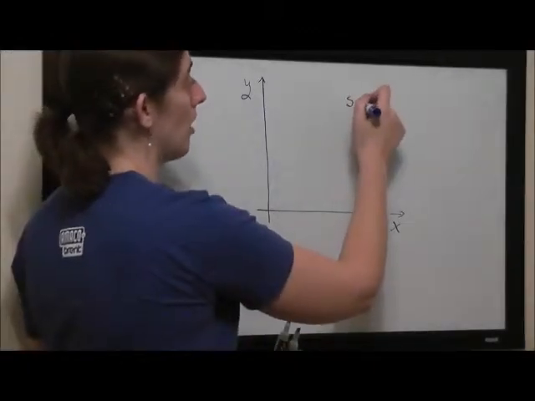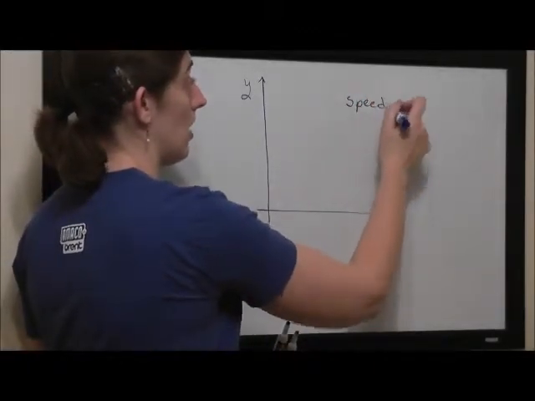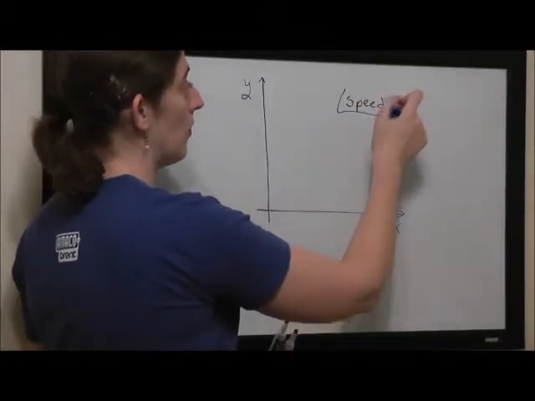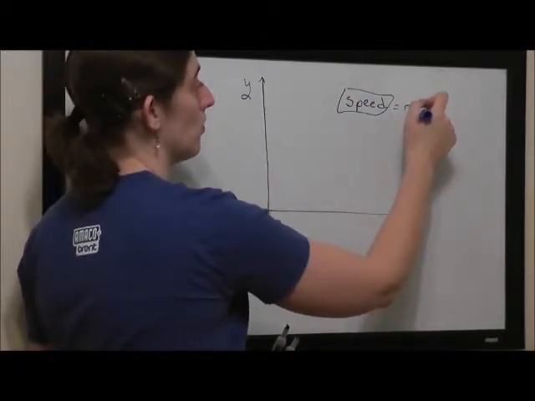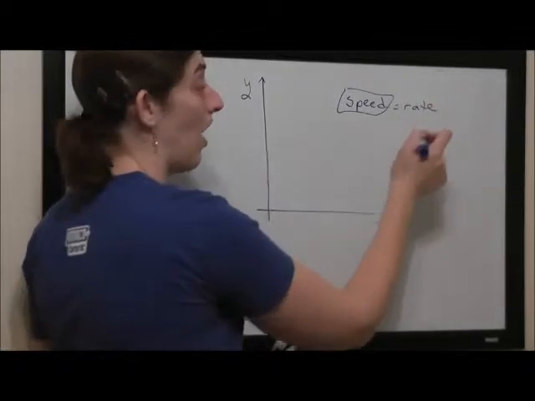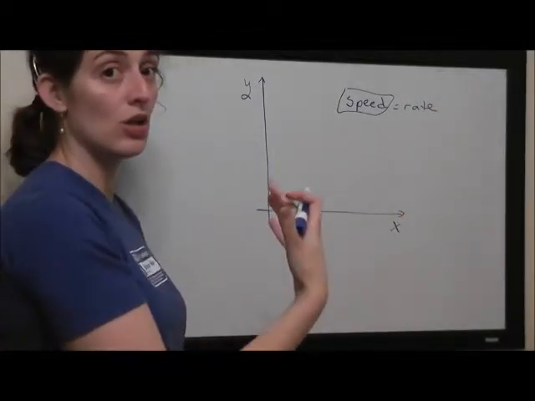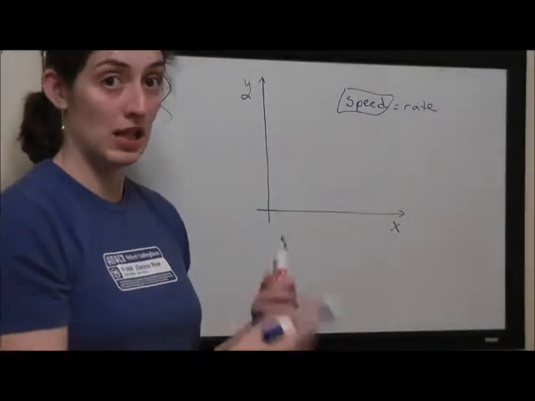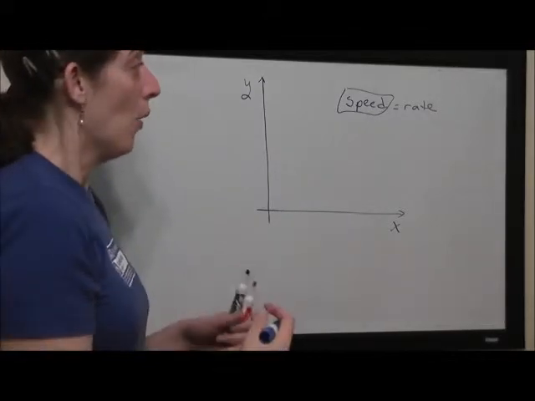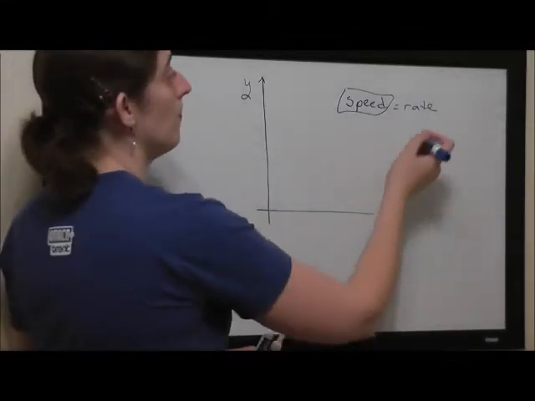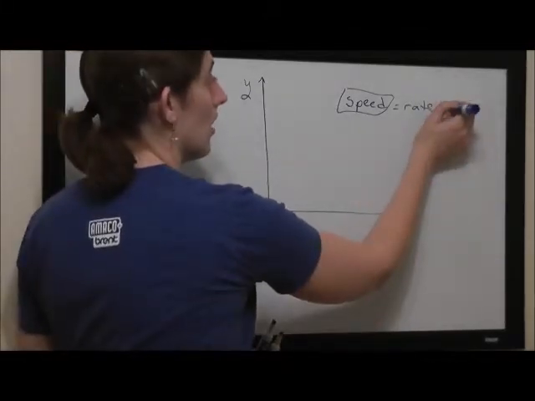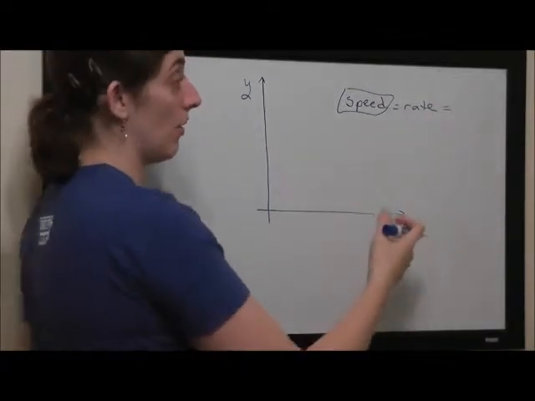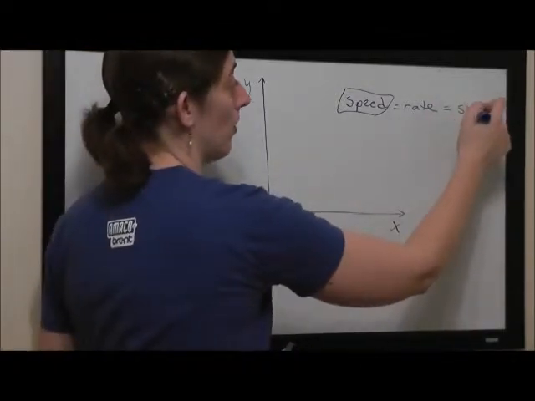Well, before we were talking about speed, okay? And the reason we talked about speed is because it's a really good example of a rate that you're used to seeing and talking about. We also talked about another rate. We talked about the slope, right?